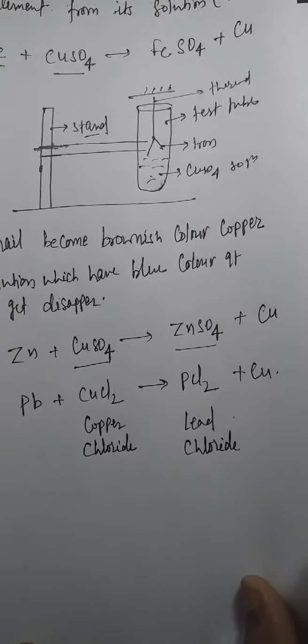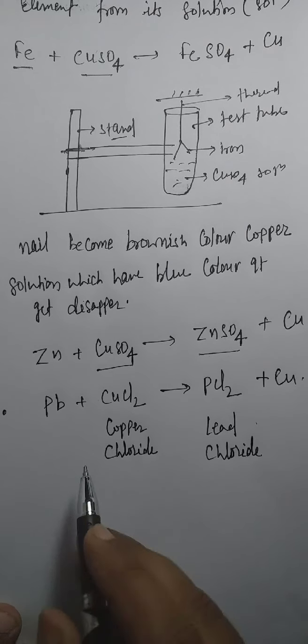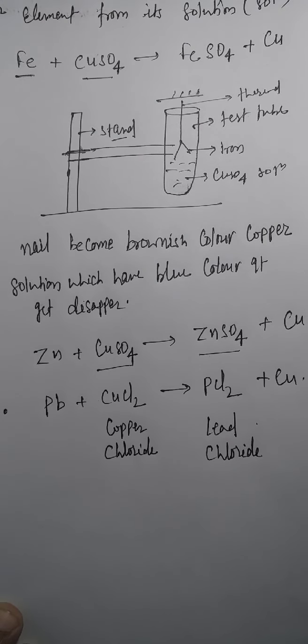You may write that zinc and lead are more reactive. Why did it get displaced? If someone asks why this displacement reaction happened, it means a more reactive element substituted the position of a less reactive element. They start displacing the elements which are less reactive.